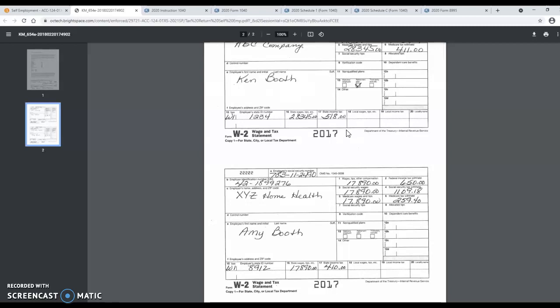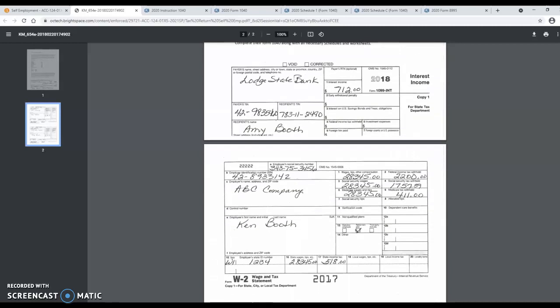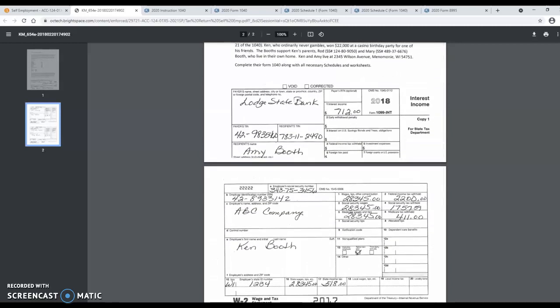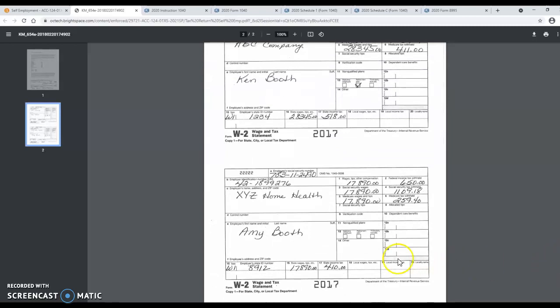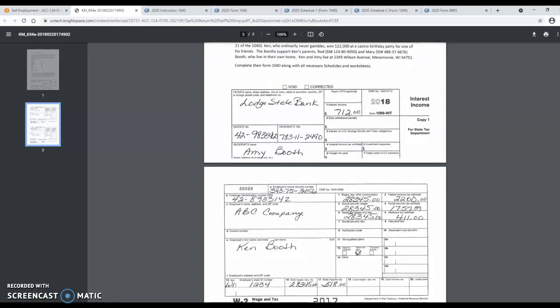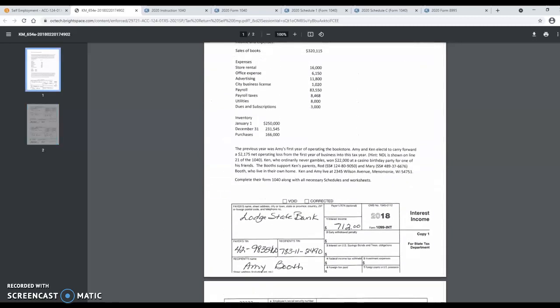So that would be $928 total of state income tax withheld. If it looks like they're going to itemize, then we'll need that for the itemized deductions on Schedule A. But we'll have to see if they have anything else worth itemizing. Otherwise, we would only use that if we were actually doing their state of Wisconsin tax return.